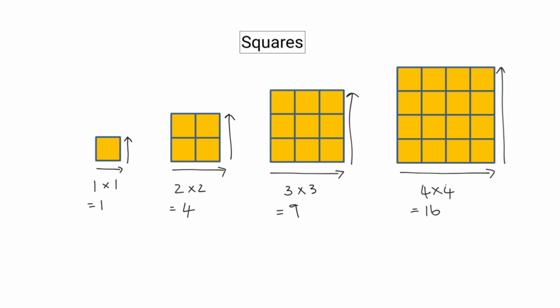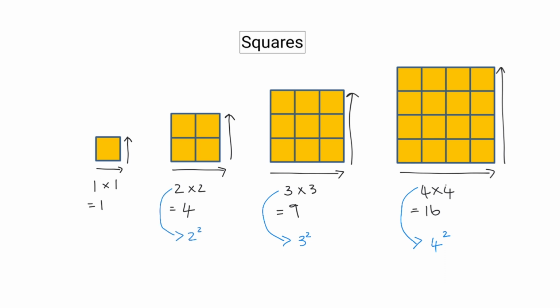It's important to know, though, that there's another way of writing a number multiplied by itself. So instead of writing it as 4 times 4, we can write it as 4 to the power of 2. Instead of writing 3 times 3, we can write it as 3 to the power of 2. This one we can write as 2 to the power of 2.